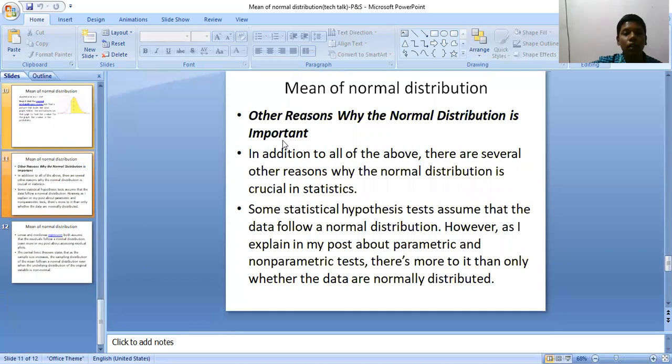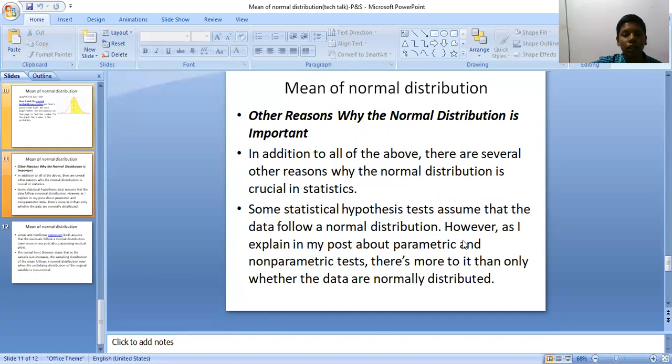The other reasons why normal distribution is important. In addition to all of the above, there are several other reasons why the normal distribution is crucial in statistics. Some statistical hypothesis tests assume that the data follow a normal distribution.